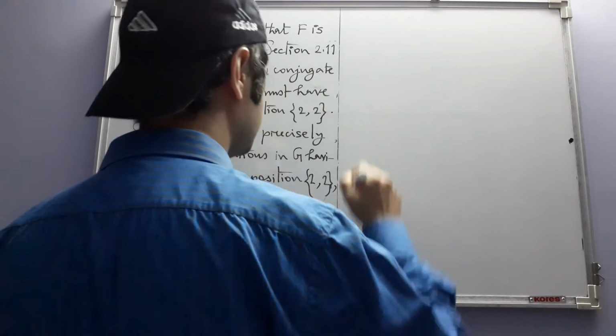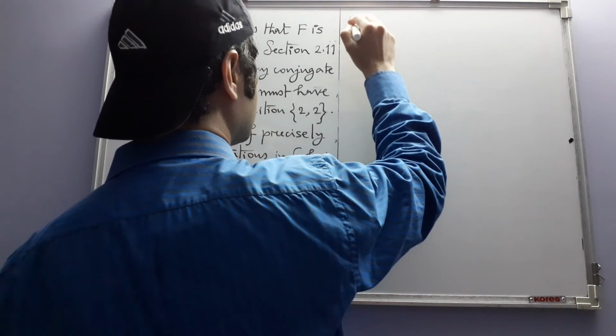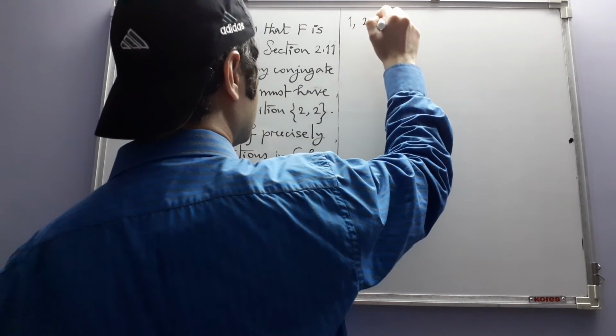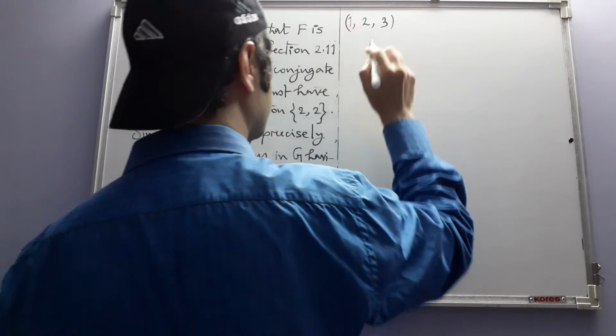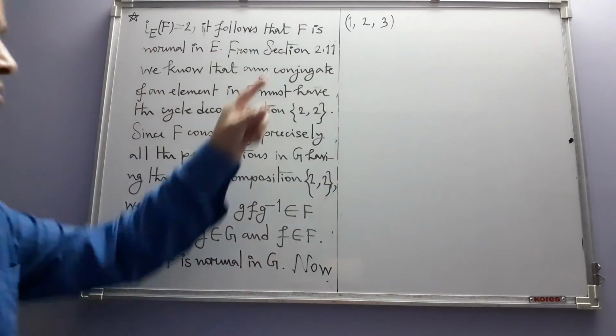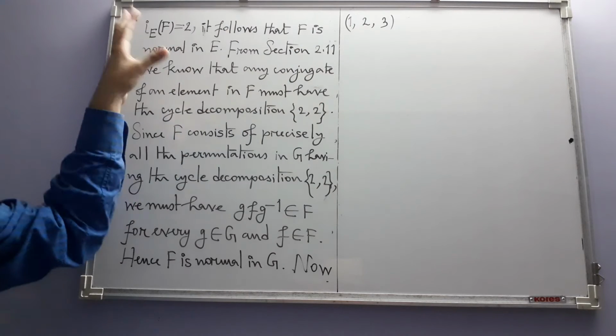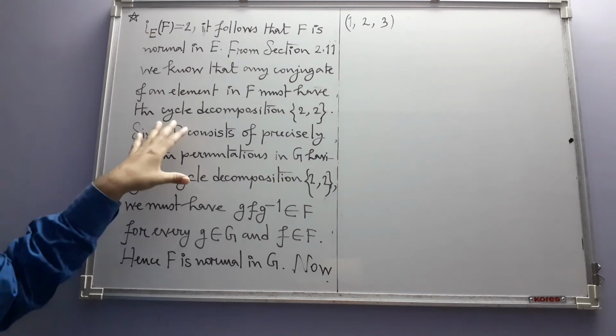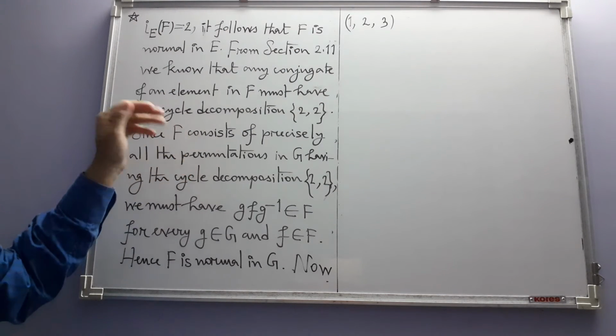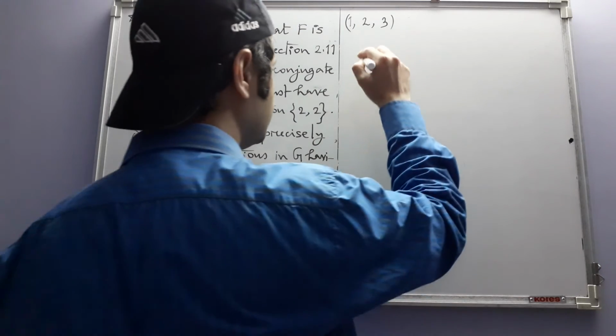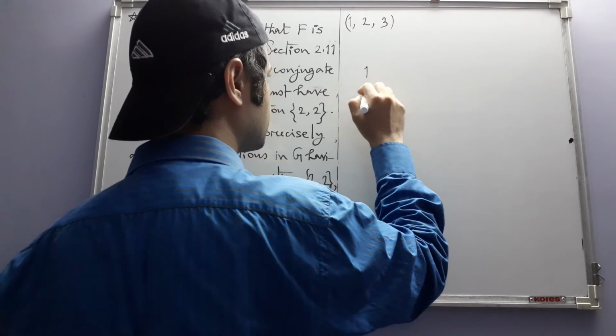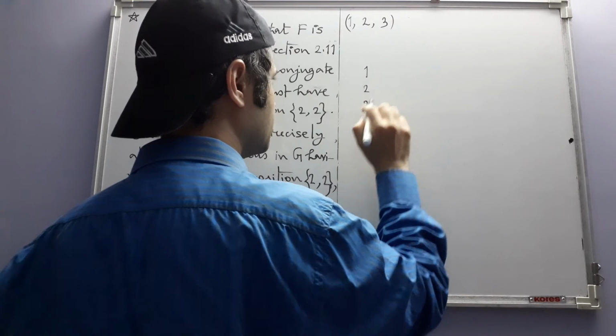And the reason is this. If you consider, you see, this is the permutation D that we considered a little while ago. That is this permutation.